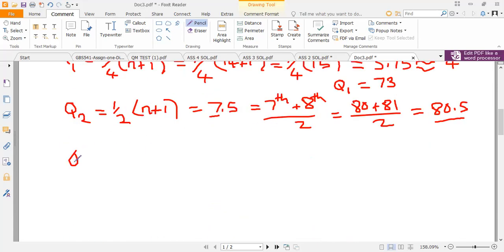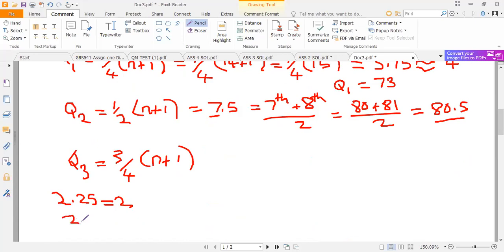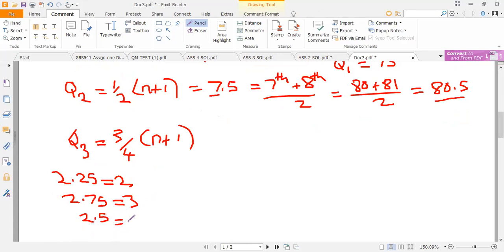Then when we go to the third quartile, this is 3/4 of n plus 1. So in these figures, I've mentioned to say when you get 2.25, the nearest number is what? 2. If you get 2.75, the nearest number is what? 3. But if you get 2.5, you get the second number and the third number, you divide by 2. That is how it goes.